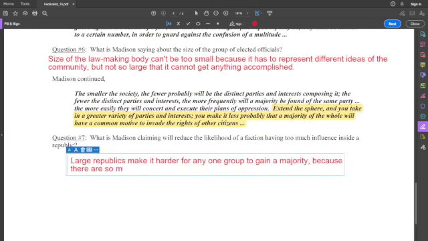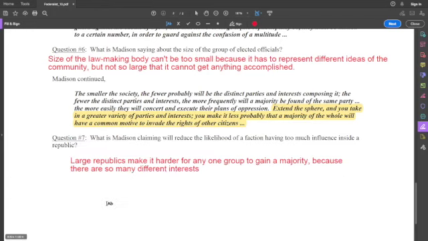In a country of the size of the United States, there are so many diverse ways of thinking that no one group will ever be able to dominate everything. Nobody represents the viewpoint of all Americans, or at least even a majority of them.